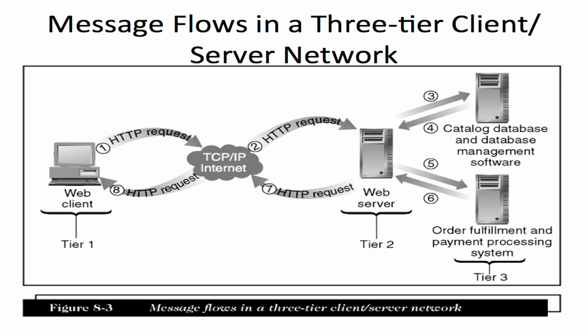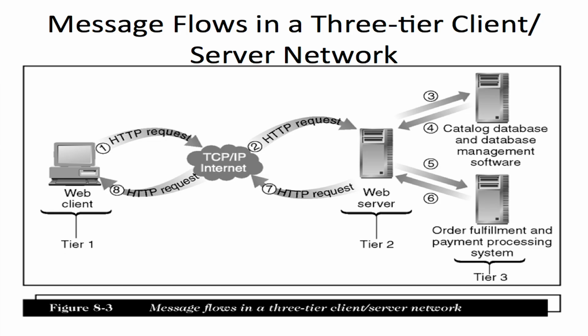By these steps 5 and 6 we fulfill the order, and we send the order to Amazon or Flipkart, whatever the company is. So the request is sent automatically, and it goes there, and the payment process will happen here by this server.